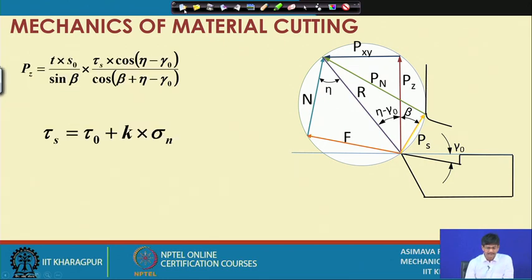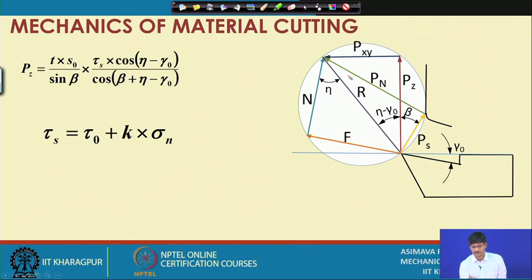Here, this tau s, which is not known to us up till now, is assumed to have a relation with a constant value tau o plus a part proportional to the normal stress. How do we find out the normal stress?